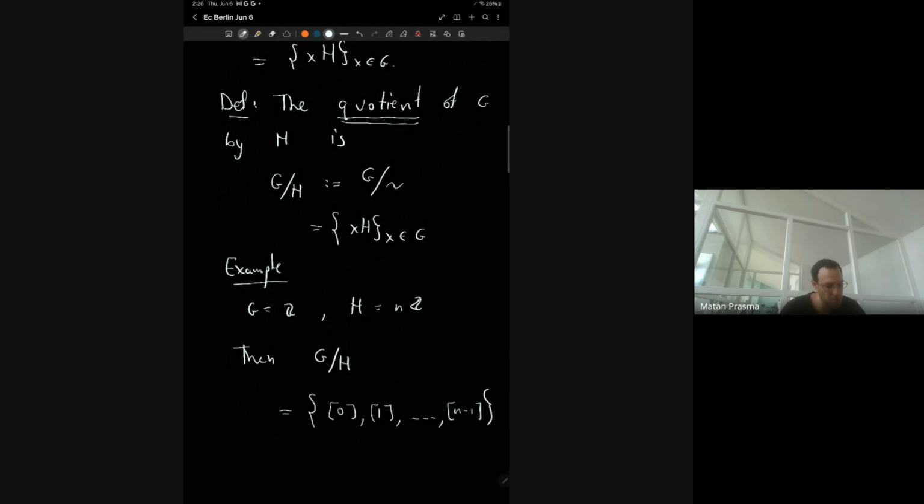Of course, I can write cosets of other integers, but this would be repeating the cosets written in this list. Okay, so you see there is a natural group structure that we know on this quotient, because the operation here is addition, right?